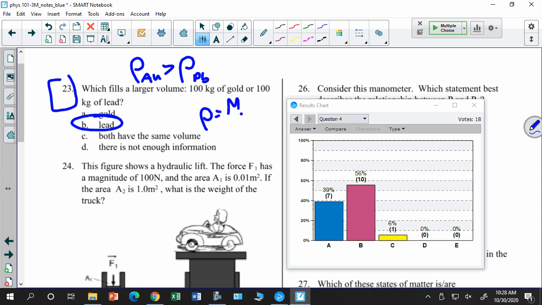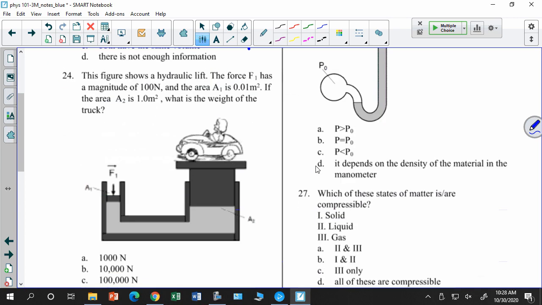Density, remember, is mass over volume. And so if I have a smaller density, that means that I have a bigger volume. So the one with the smaller density fills the larger volume. So B is the right answer there.